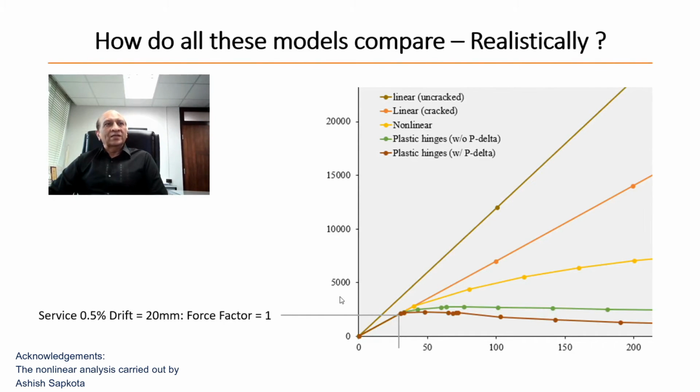So that means the non-linearity, the stability, is not a concern at this low load level or low displacement level of about h over 200 or 0.5% drift. So we get a force ratio between the nonlinear or the real response and the linear response to be roughly 1. And I'm comparing here the cracked section or the cracked response.